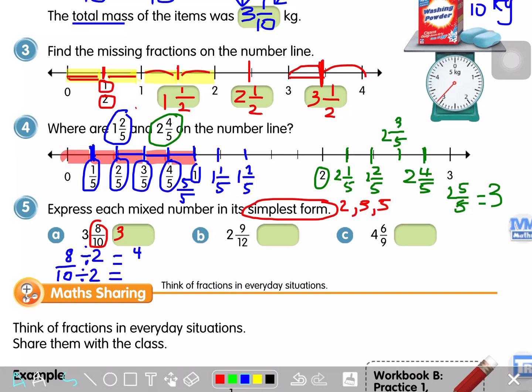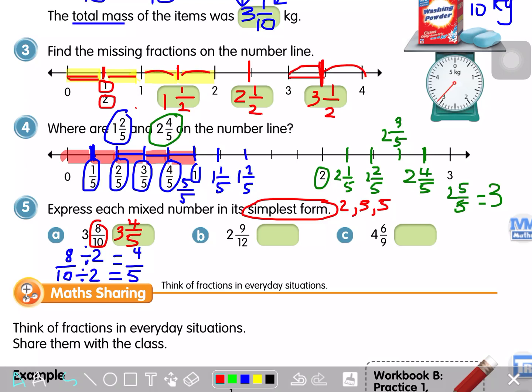Can you divide by 2? Yes. 5. Okay, can we continue dividing? 4 we can divide by 2 again. We get 2. But 5, can it be divided by 2? No, cannot. So we keep it. So the answer is 4/5, right? So 3 and 8/10 simplified to the simplest form is 3 and 4/5.